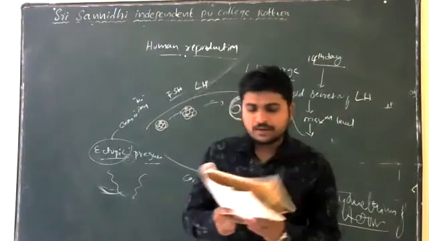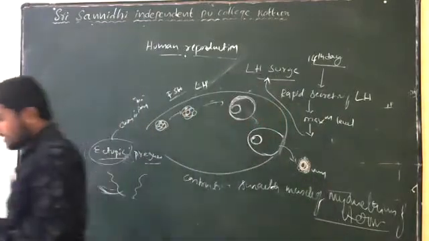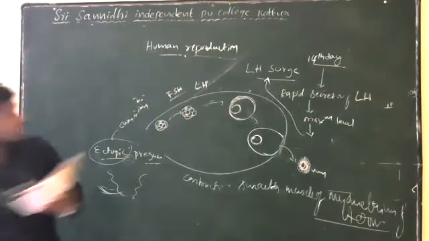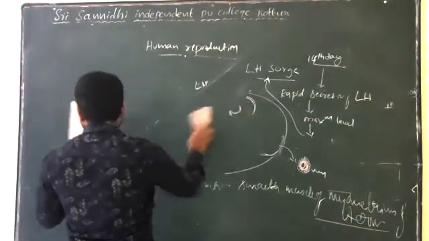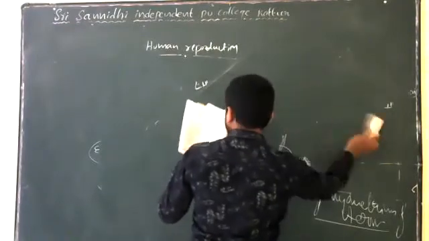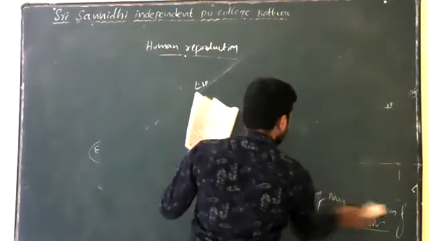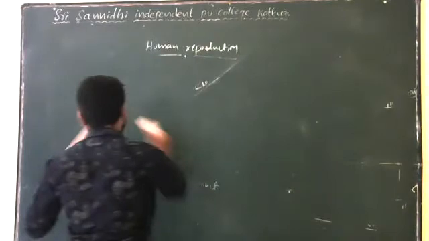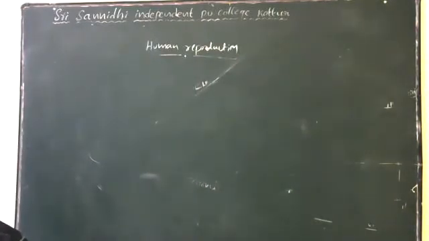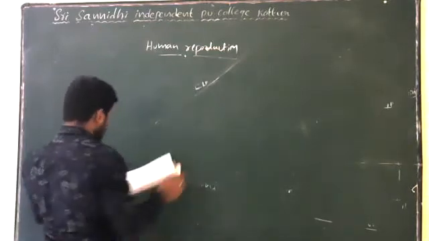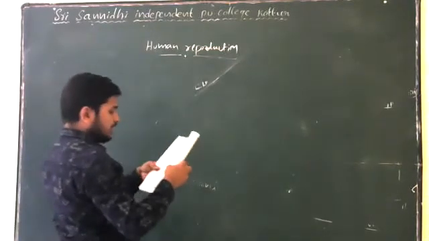Next, the shared terminal duct. The shared terminal duct of the reproductive and urinary system in the human male is the shared duct, the common terminal duct.